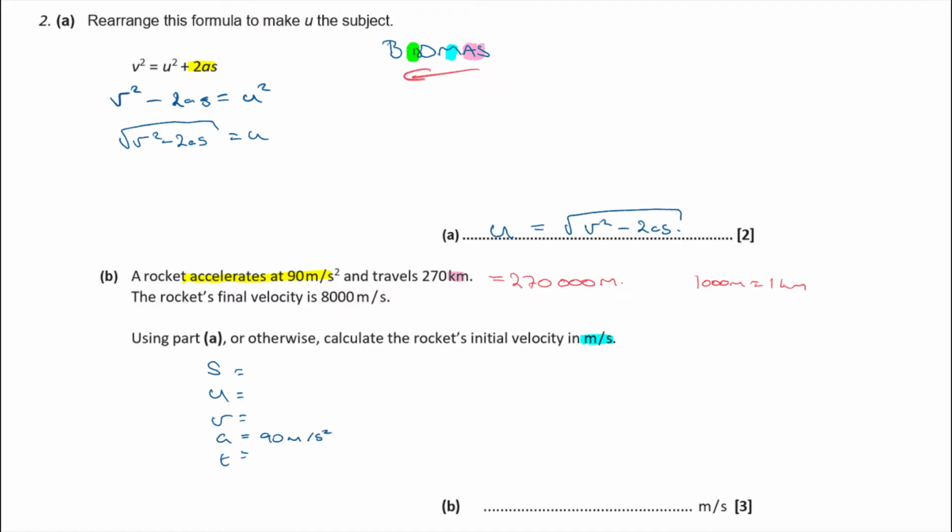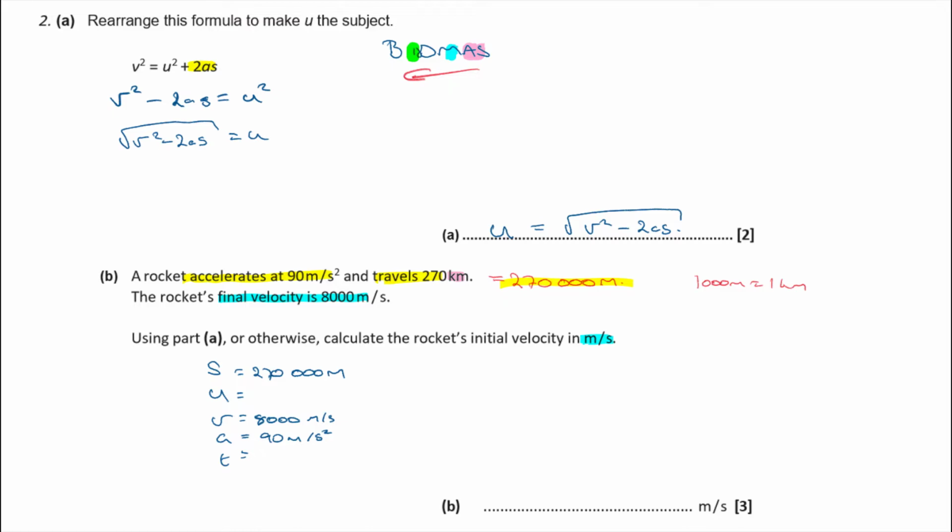I've got travels 270,000 meters. That's the distance. S is the distance. 270,000 meters. The rocket's final velocity is 8,000, so that's the value of V. So V is 8,000 meters per second.